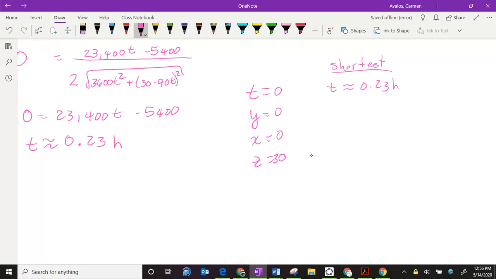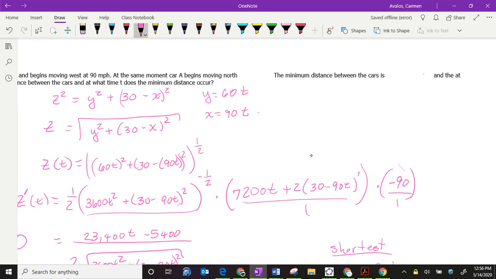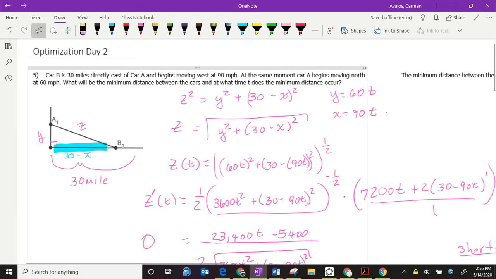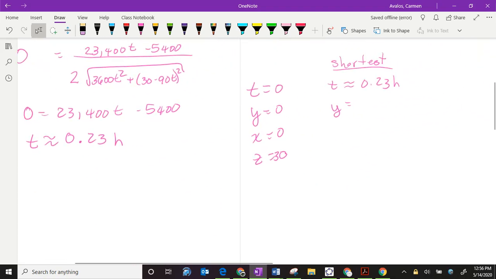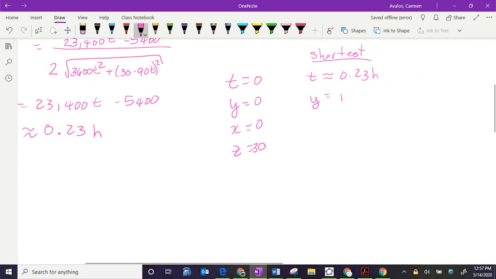And so we know that when we put that back into my equation, so when we go back over here and we put that into this equation right here where y is equal, that's the time times 60, and then the time times 60, we end up getting y is going to be 13.85 miles.